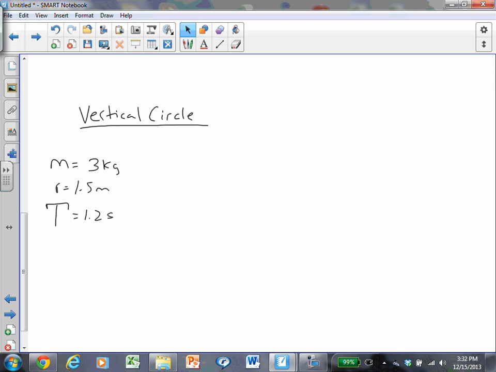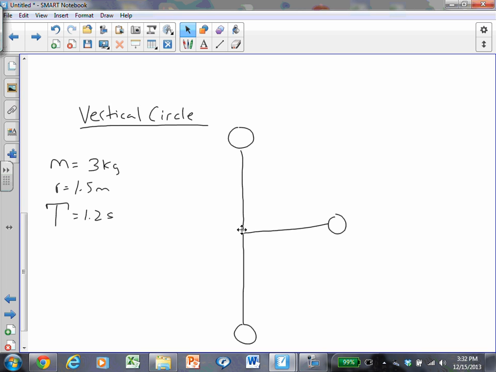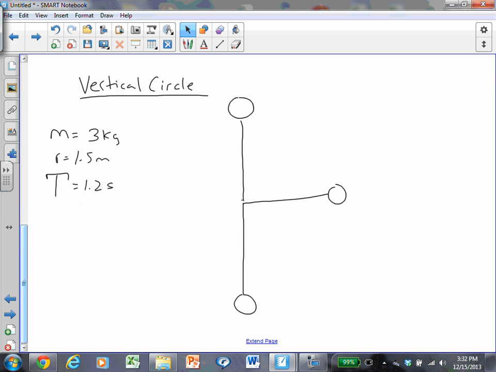But in this case we're spinning it around vertically. So the ball out here, up here, down here. In these cases, it depends on where it is, because in each you'll have different free body diagrams.